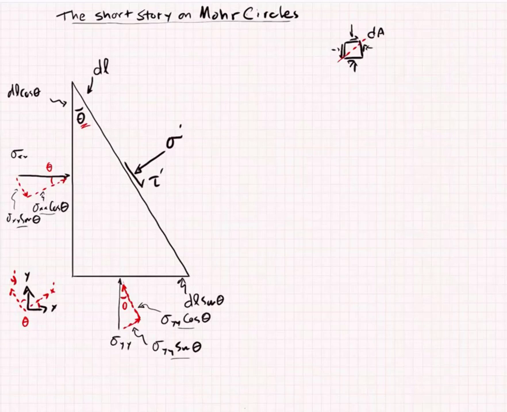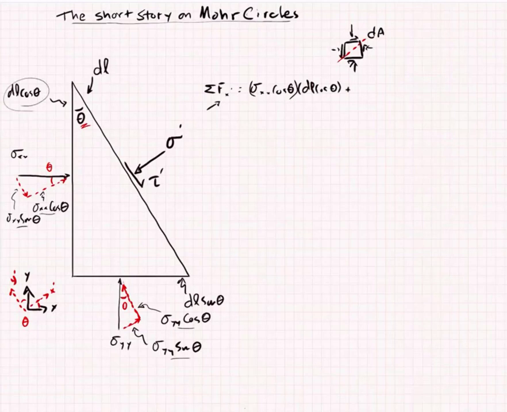So let's write down the sum of forces for each direction here. I'm going to start by summing forces in the x prime direction, and that acts in that sense. And those are sigma xx cosine theta, that's the magnitude of the stress, times dl cosine theta, that's the size of the left-hand side of the triangle, making that a force.